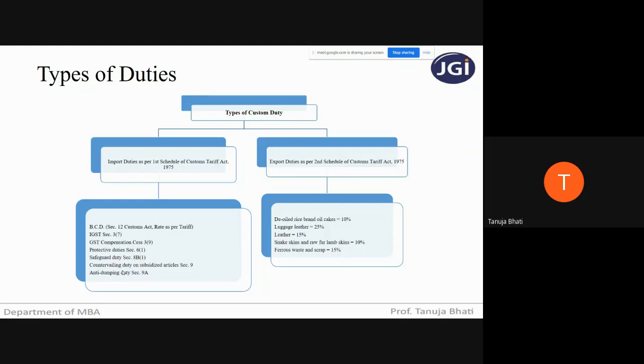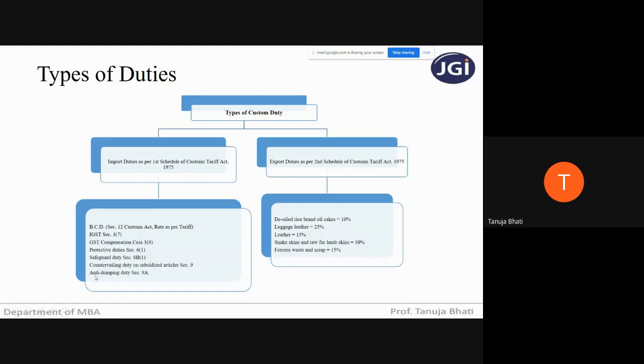Suppose it is imposed today, then from today for 5 years this countervailing duty will be imposed on that particular subsidized article. So the duration for countervailing duty on subsidized articles will be a period of 5 years, and this 5 years you have to calculate from the date of imposition. Is this clear to everyone? Yes, ma'am. Okay.